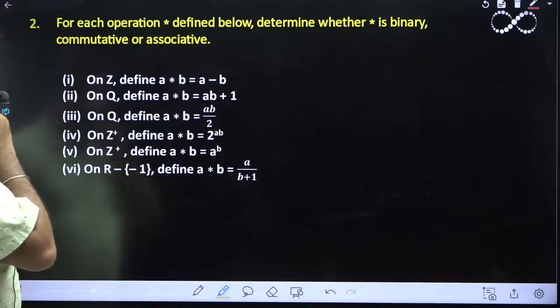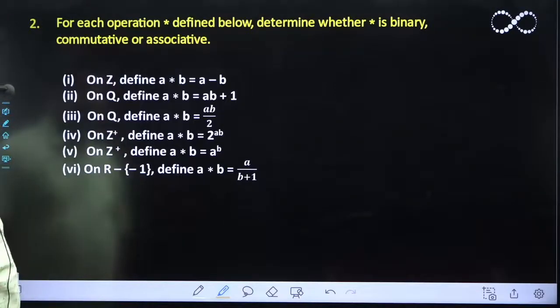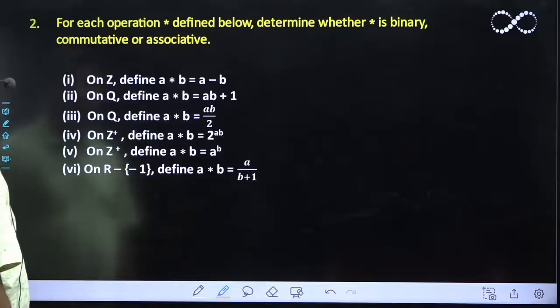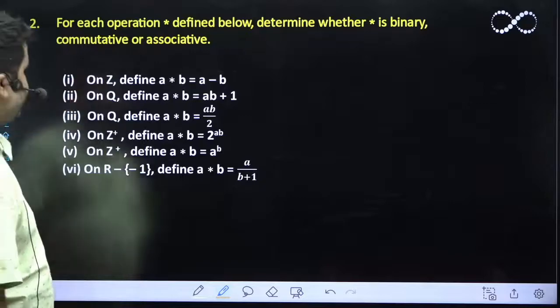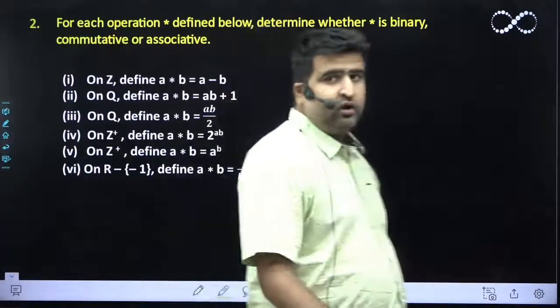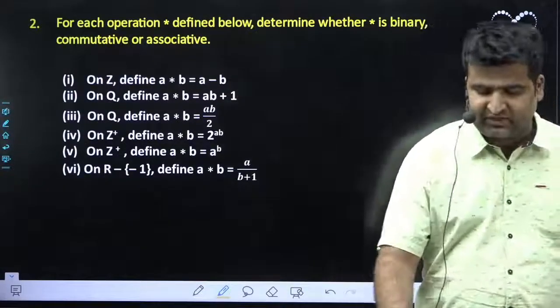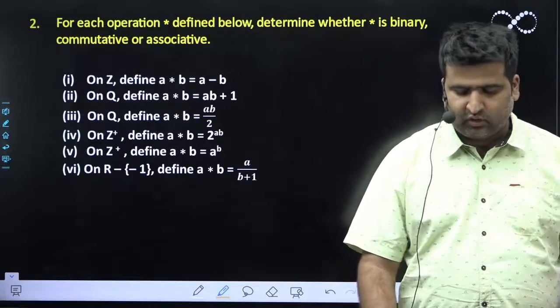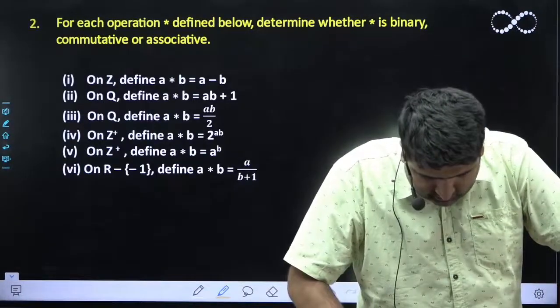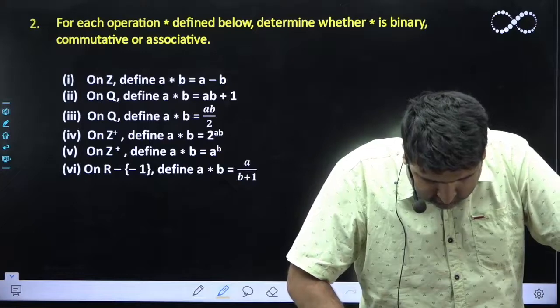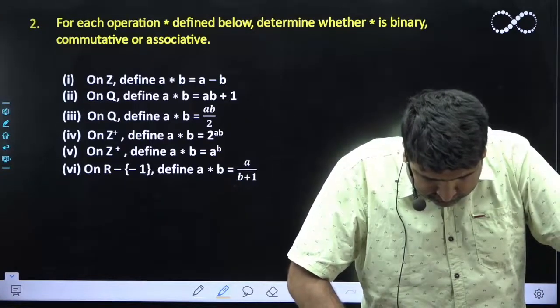For each operation star defined below, determine whether star is binary, commutative, or associative. Now in each case we have to check whether this operation is a binary operation or not, and in the next step we have to check whether it is commutative or not, right?